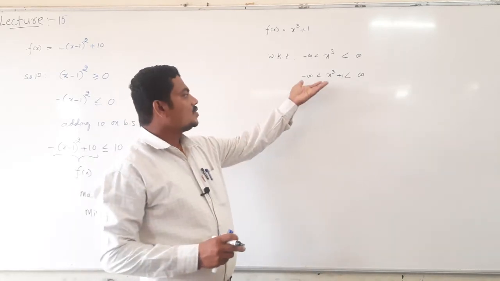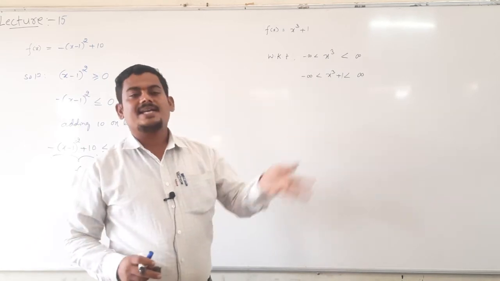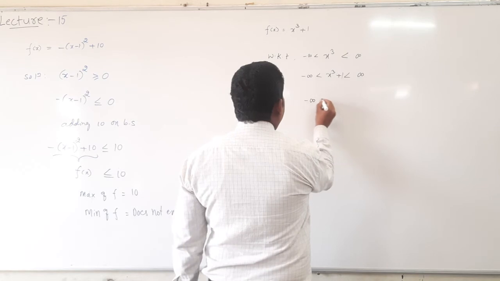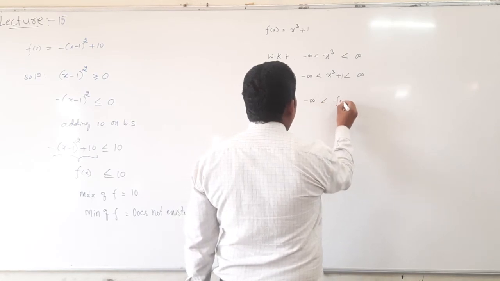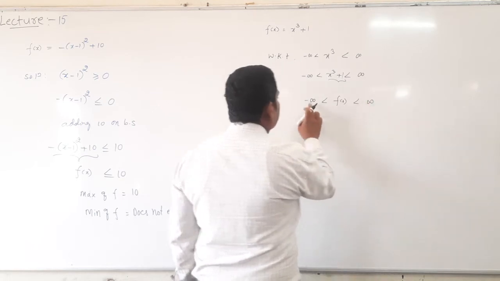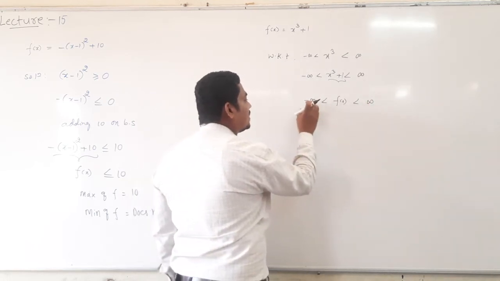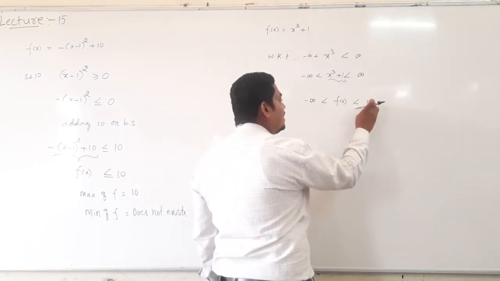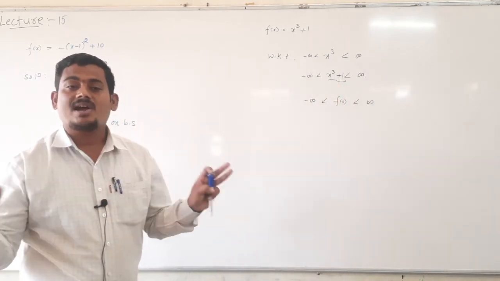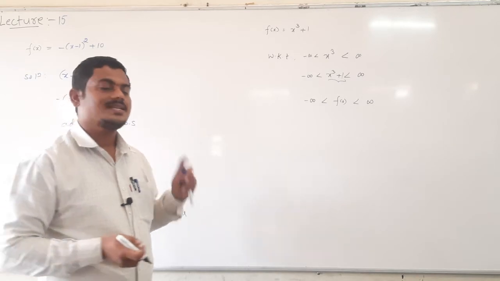So on adding 1, it is again minus infinity to plus infinity only. Then minus infinity is less than f of x, which is nothing but f of x only. Infinity means it does not exist, the least value does not exist, the greatest value also does not exist. Infinity is not a finite value, so it does not exist.